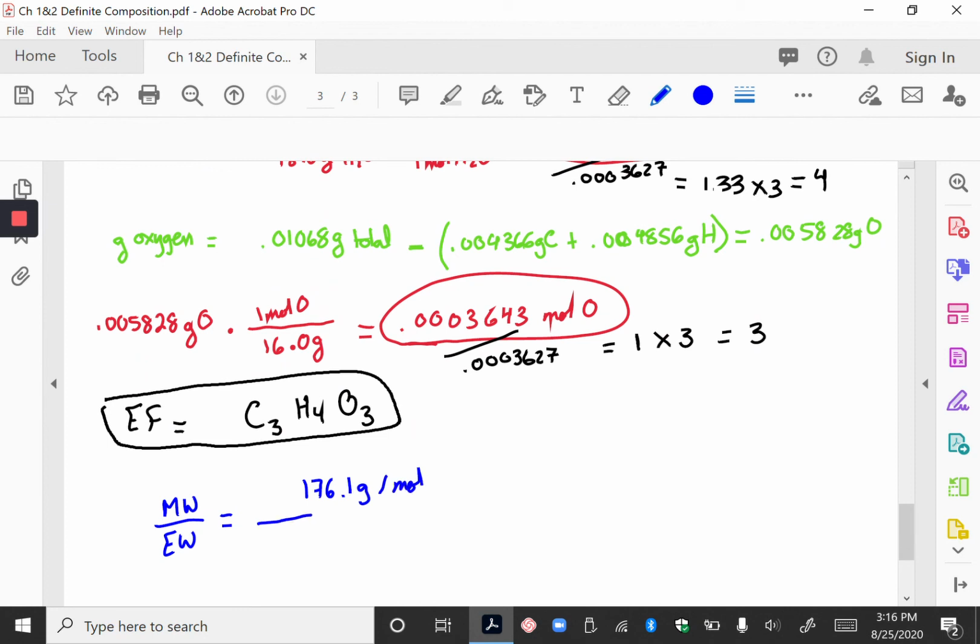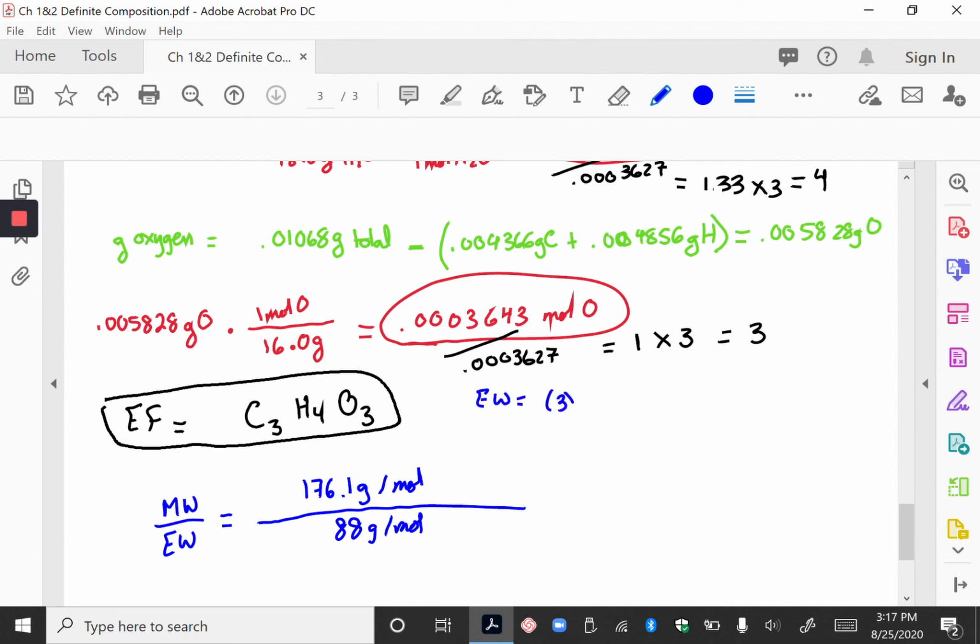My empirical is the molar mass of my empirical formula. So 3 carbons, so 3 times 12 is 36, plus 4, so 40, and then plus 3 times 16. So altogether, that's 88 grams per mole.